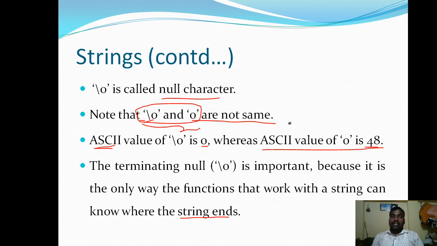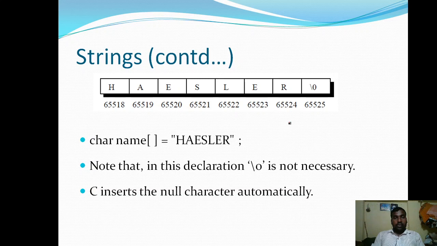So we must know where to stop storing the characters, or where to stop reading the characters from the collection of characters. That can be done with the help of this null character. Now here is a string.